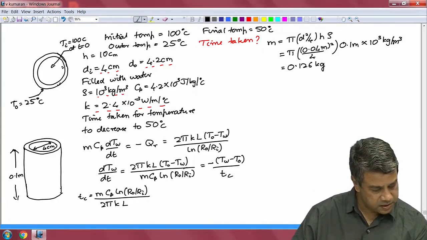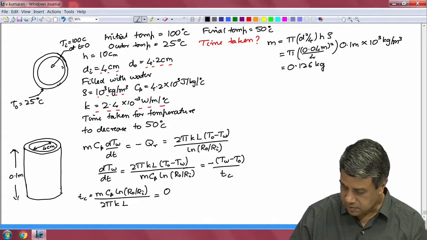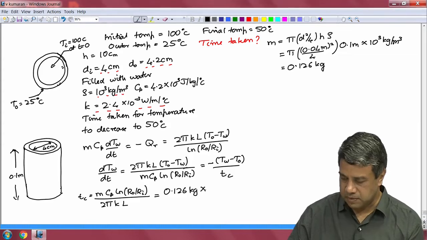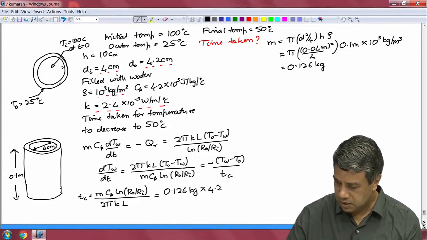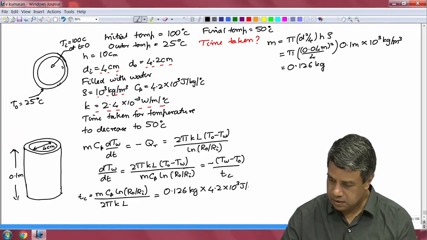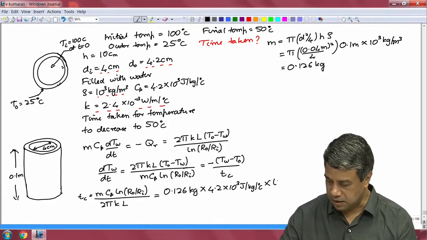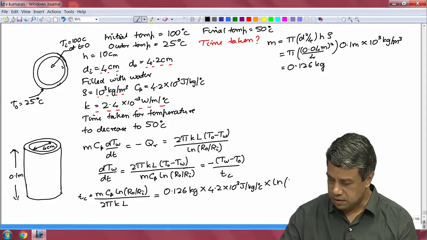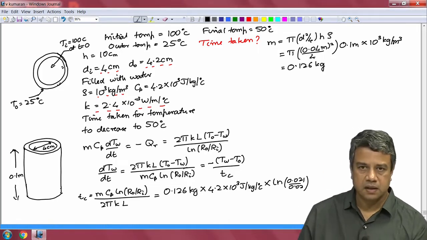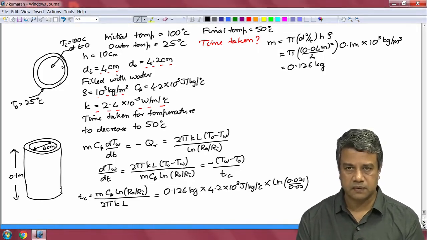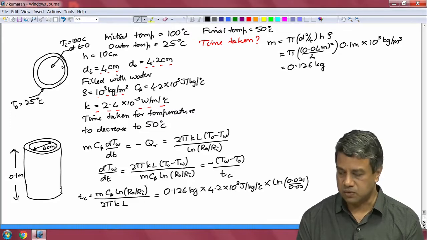So, I substitute this in this expression: 0.126 kg into Cp, which is 4.2 into 10 power 3 joules per kg per degree centigrade, into log of R_o by R_i. R_o is 0.021 by 0.02. The diameters are 4.2 and 4, therefore, the radii are 2.1 and 2 centimeters.